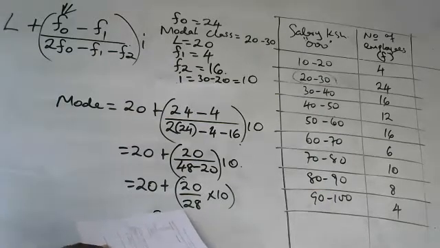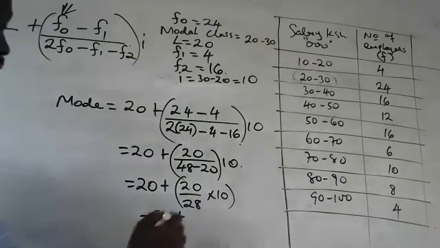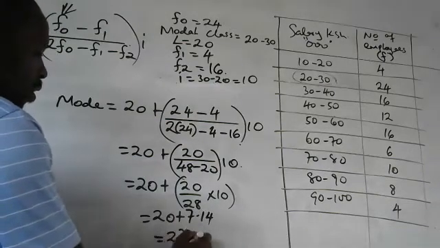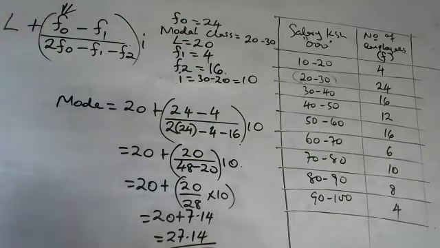Somebody work out this part for me here: 20 over 28 times 10. 7.14? Yes. So the mode is going to be 27.14.